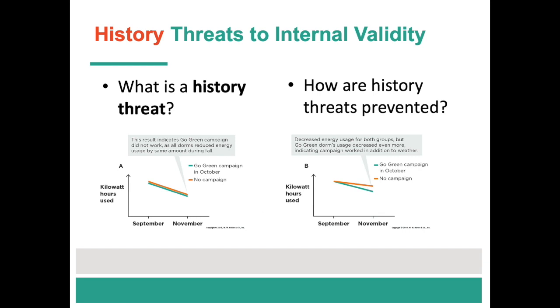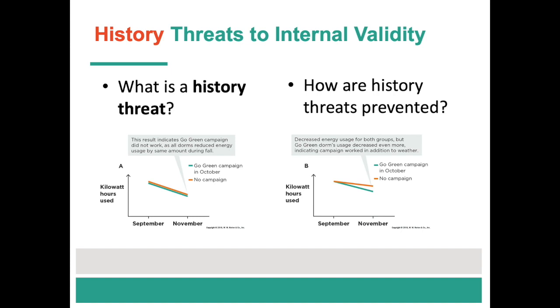So how do we actually prevent history threats? So again, one way is to actually look at a two-group design instead of a one-group design. Sometimes, though, things just happen.